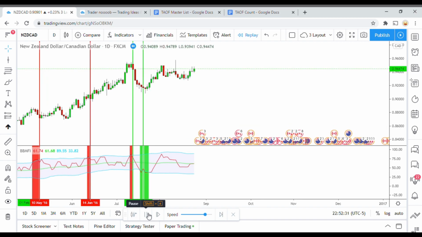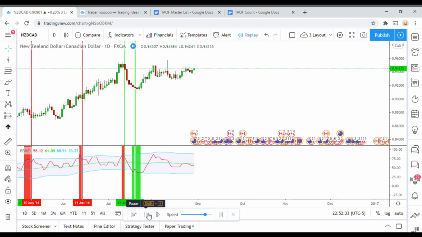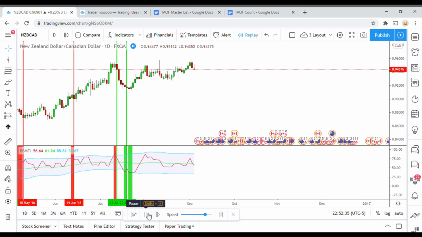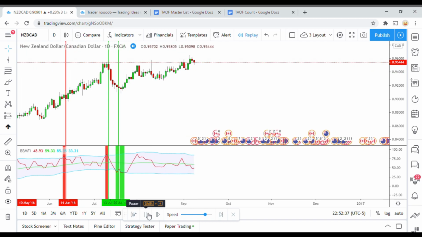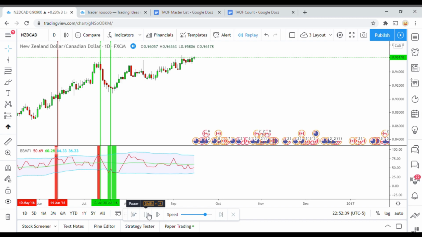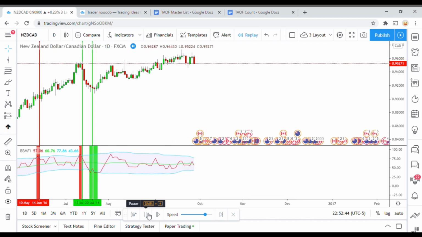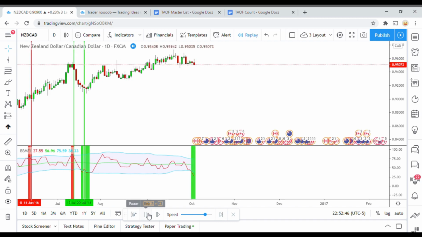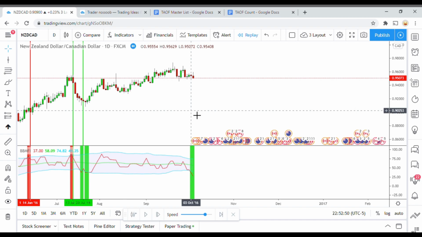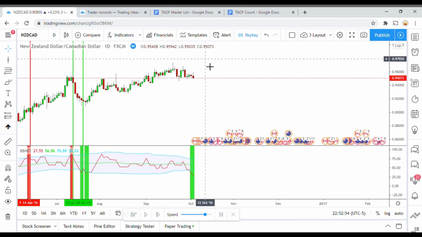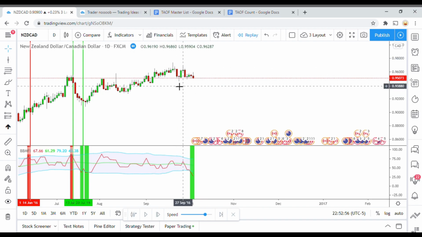All right, moving along, and it's just kind of treading sideways here, not really doing a whole lot. There we go. So we've got, oddly enough, a signal to go long at a very strange spot.